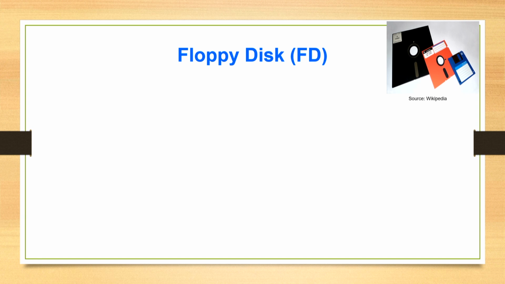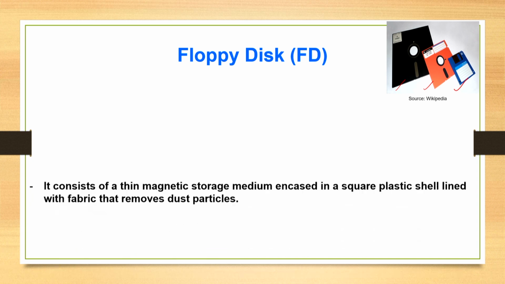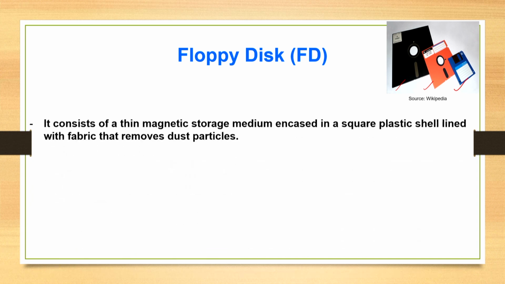Next, I will discuss the floppy disk. From the diagram you can see the various sizes in which floppy disks are available. We used it during our studies. Nowadays these are no longer used by users, or you can say programmers.